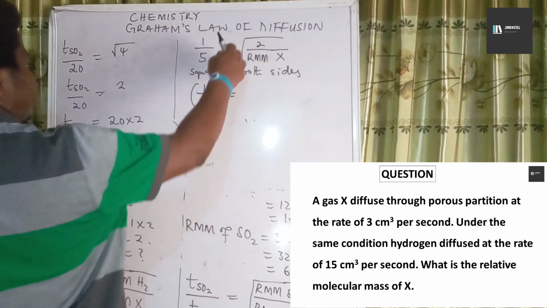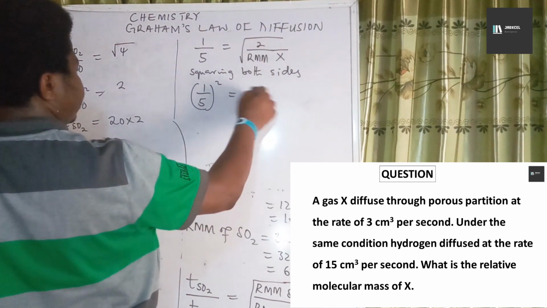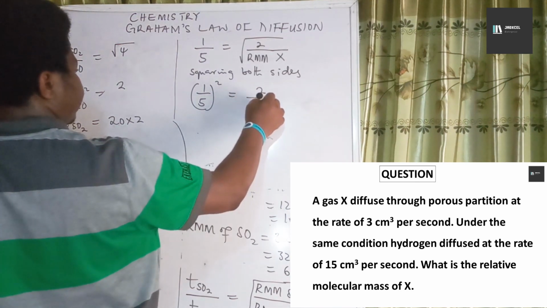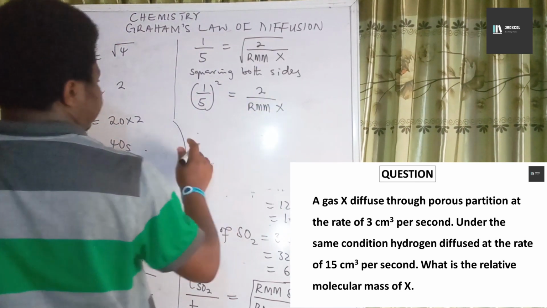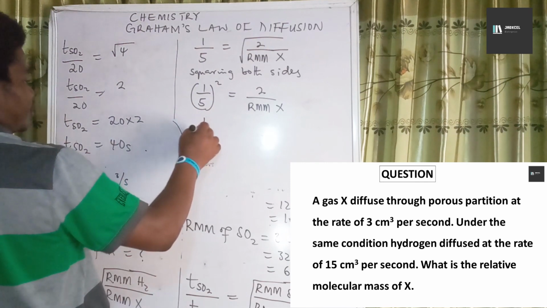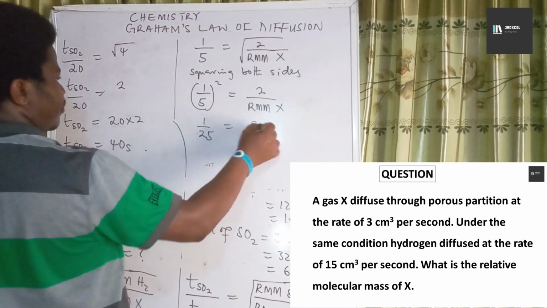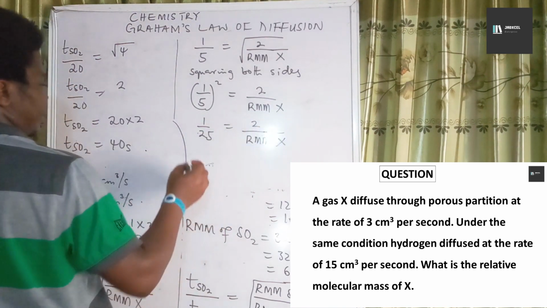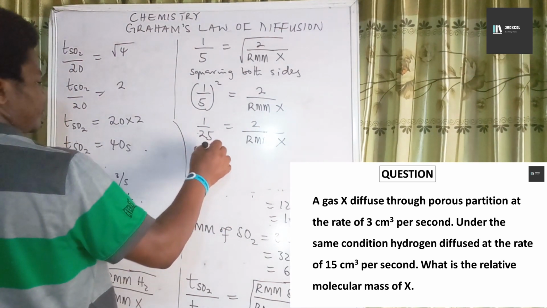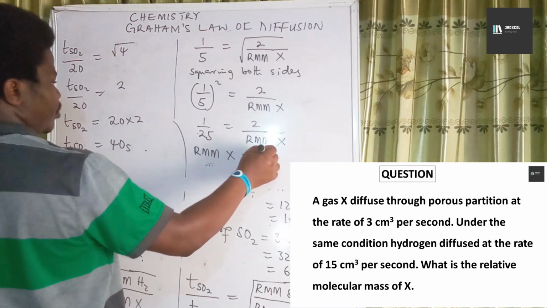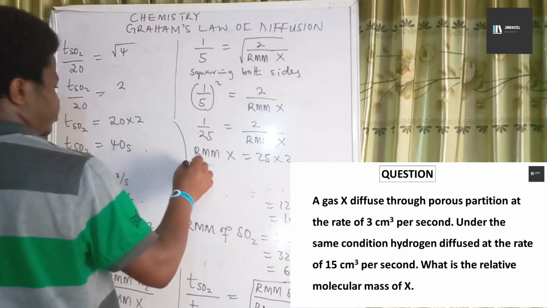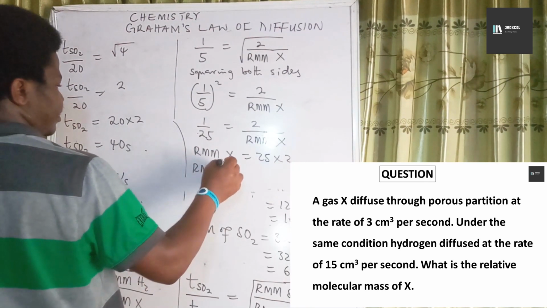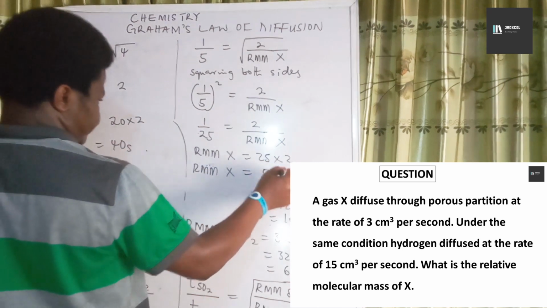So that we can remove this square root sign. 2 divided by Rmm of X. So if we square this, we have 1 over 25 equals 2 over Rmm of X. Cross multiplying, Rmm of X equals 25 times 2. So the relative molecular mass of X is 50.